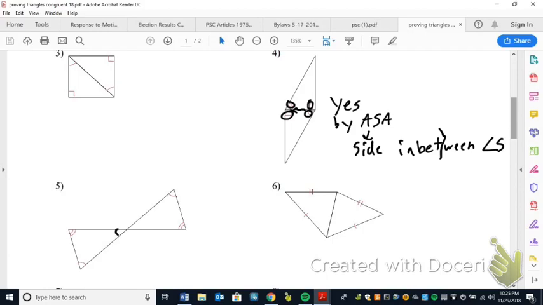So number 5, we're going to look at that. And we're going to see that all 3 angles are the same, but we're missing any sides, right? And since we don't have any sides, we can't say congruency. So we're going to say no. And the reason we're going to give is no congruent sides.